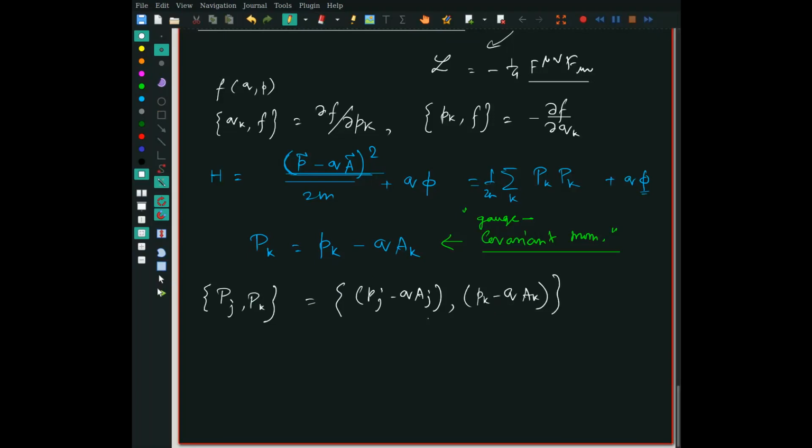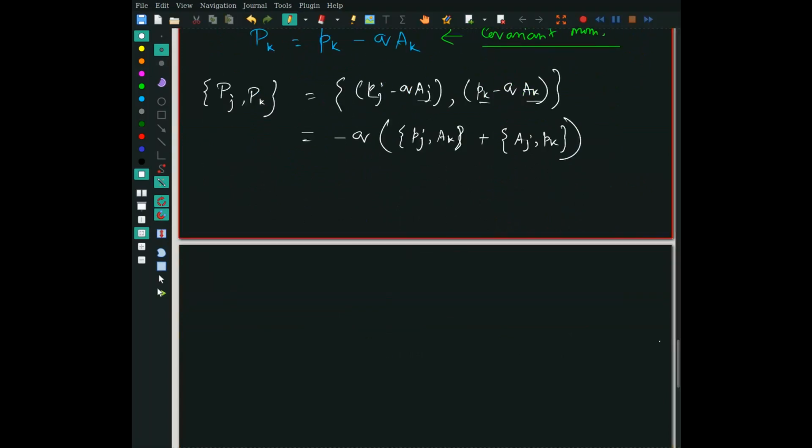Since the bracket between pj and pk is 0, and Aj and Ak are 0 because they are all functions of coordinates only, or totally of momentum only, the non-zero term will be given by minus q times the bracket of pj with Ak plus the bracket of Aj with pk. Remember that Aj and Ak are respectively the components of the vector potential, and the vector potential usually depends on coordinates.